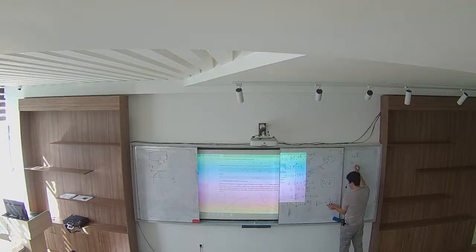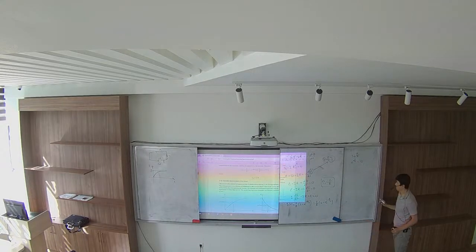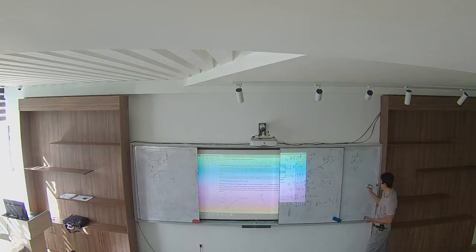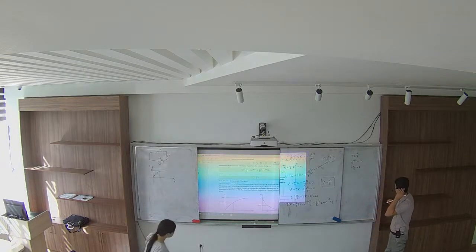So e to the power of minus t divided by tau is 0, right? So minus t divided by tau L is equal to what?